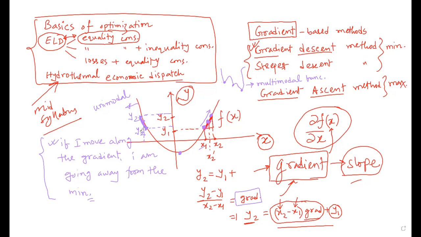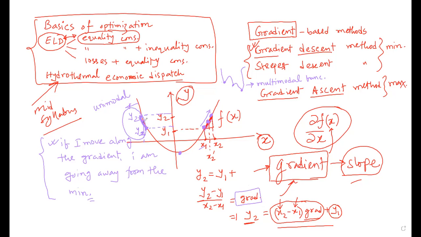So this is y1. We can see that a similar kind of thing will happen because the slope is negative itself. If I follow the negative gradient, it will take me from y1 towards y2.